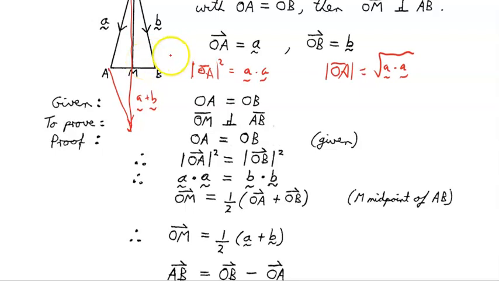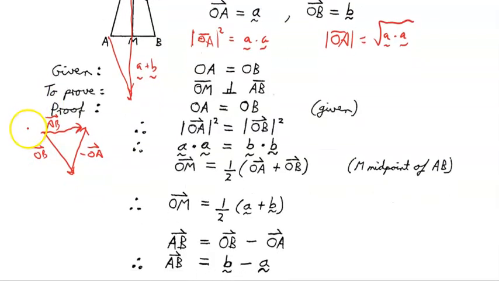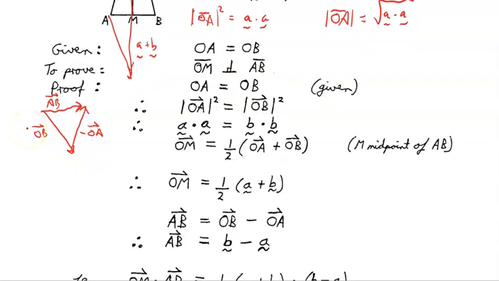If I go off to the side here, if I've got OB like that, and then I add on the negative of OA, then the resultant will be across here, and that will give me AB. A little bit crunched up there. So the vector AB is OB minus OA. I hope that's okay, everyone. And we can represent that as lowercase b with a tilde minus lowercase a with a tilde.